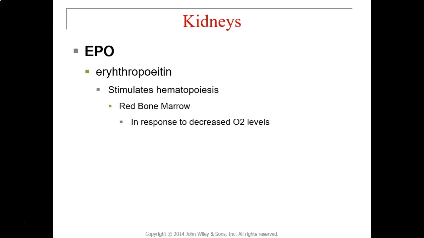So if oxygen levels are low, we need to increase our ability to carry oxygen around the body. How do we do that? Well, that means we need to increase the number of red blood cells that are present in the blood. Think of the Olympics just getting postponed until 2021.